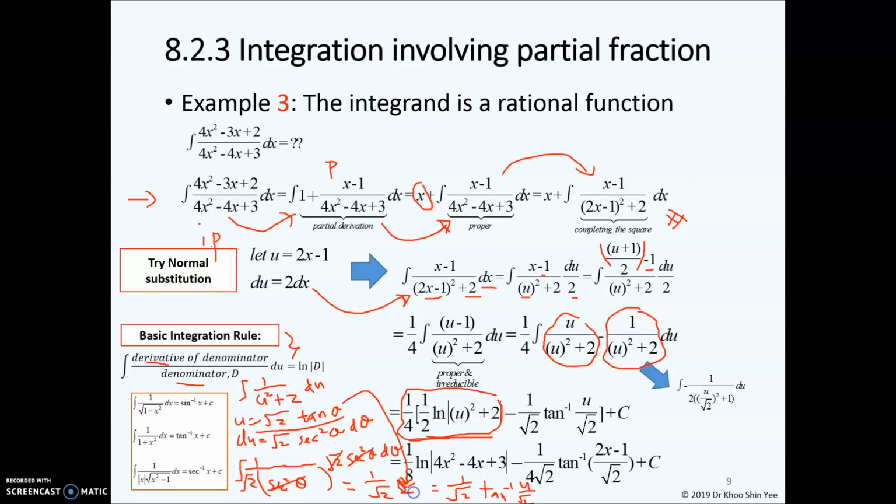And don't forget your constant plus c here. So this is our answer for the right integral here. So you have minus this thing and multiply with 1 over 4. So you should multiply 1 over 4, okay, 1 over 4 here.